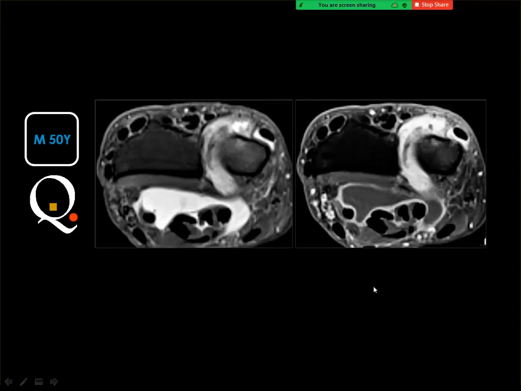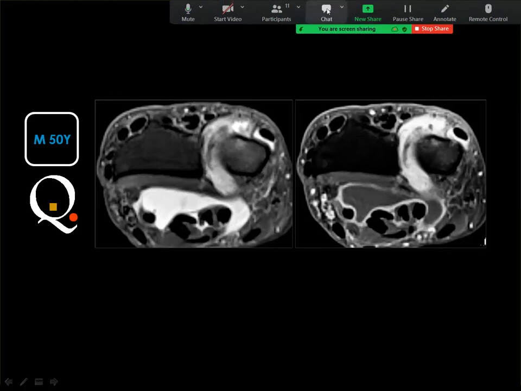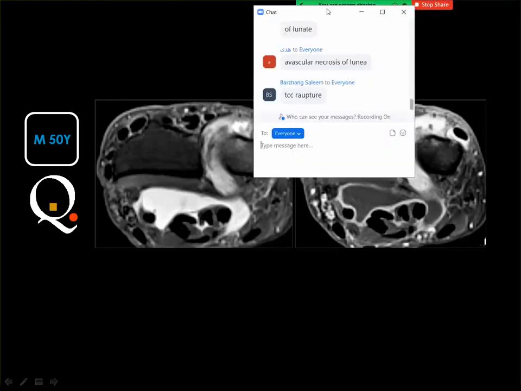MRI of the wrist, axial T2 with fat set and axial T1 fat set with contrast enhancement. Triangular fibrocartilage.